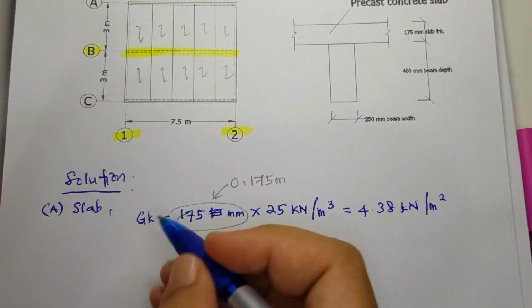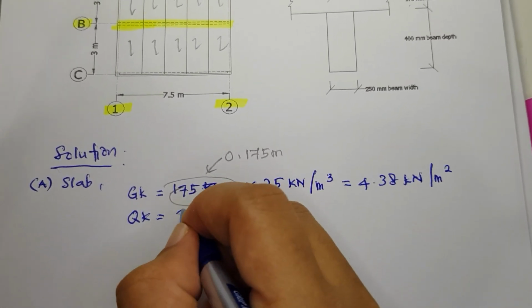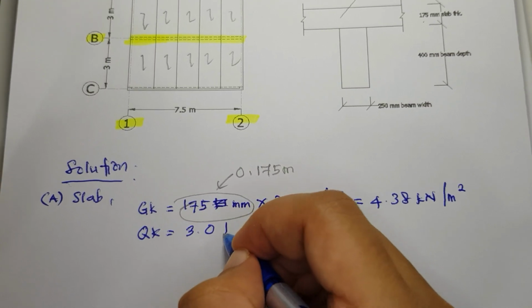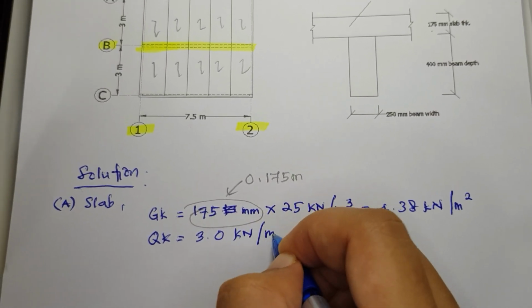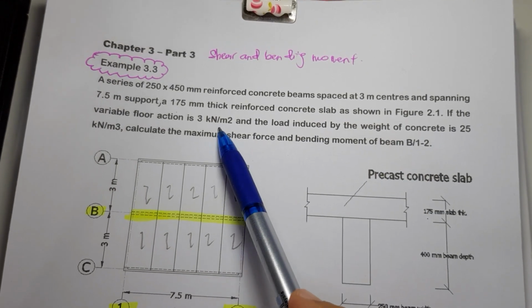Then the variable action for slab is 3.0 kilonewton per meter square as given in the question.